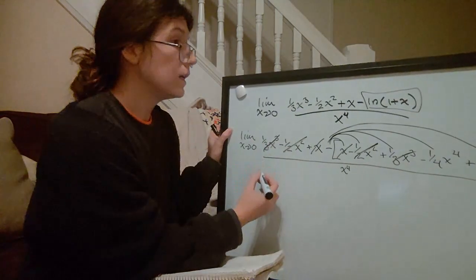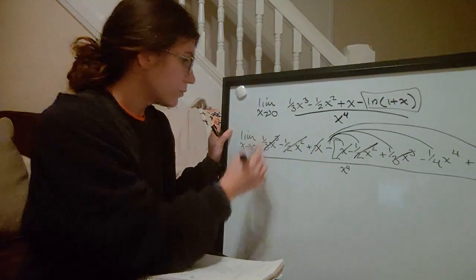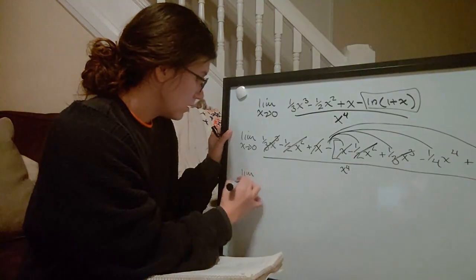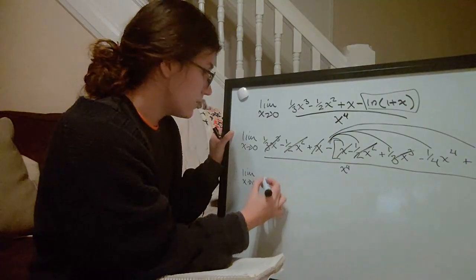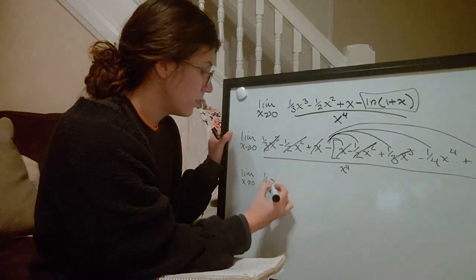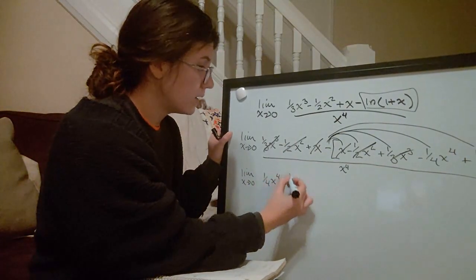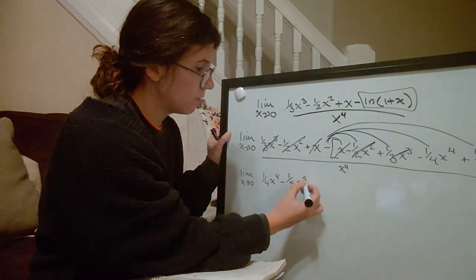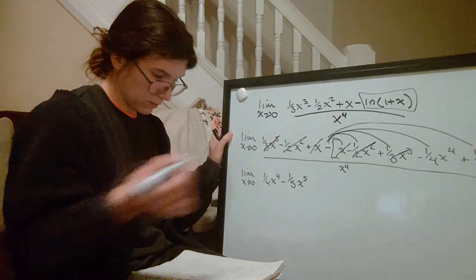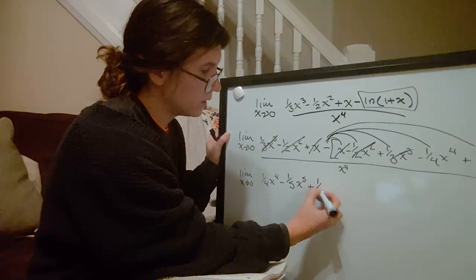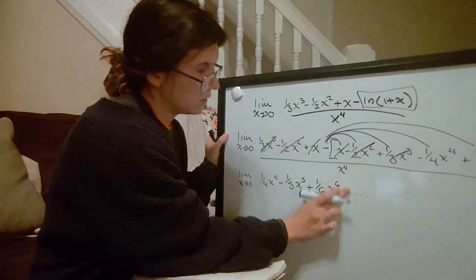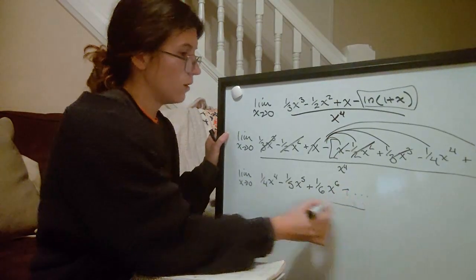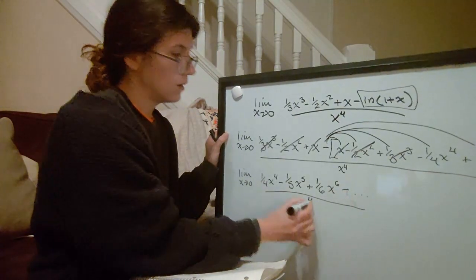So all we need is, we can say our limit, and we'll switch these signs now, is a positive 1/4 x to the 4 minus 1/5 x to the 5 plus 1/6 x to the 6th, so on and so forth, all divided by x to the 4.